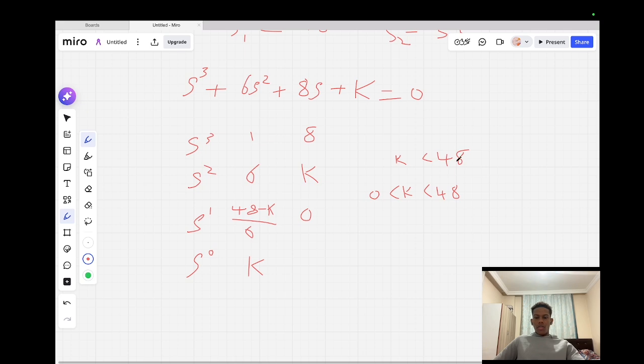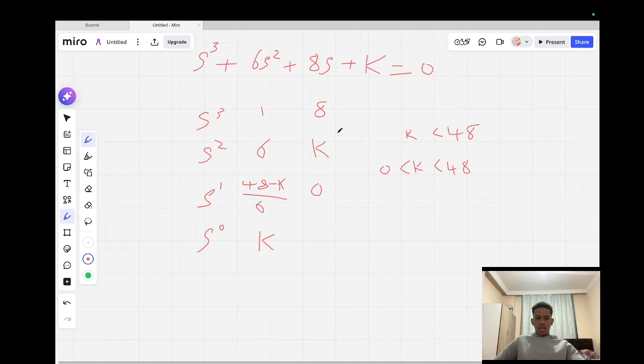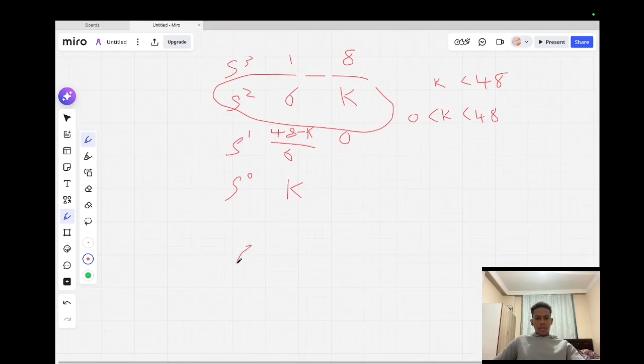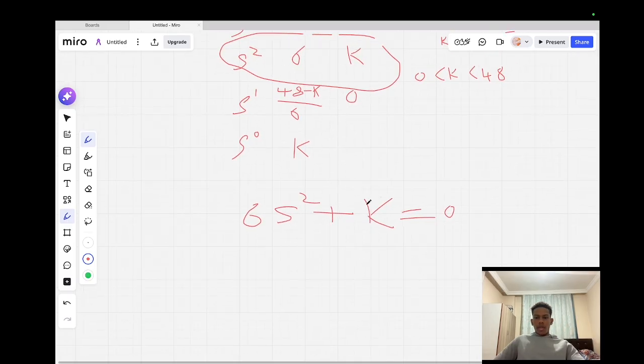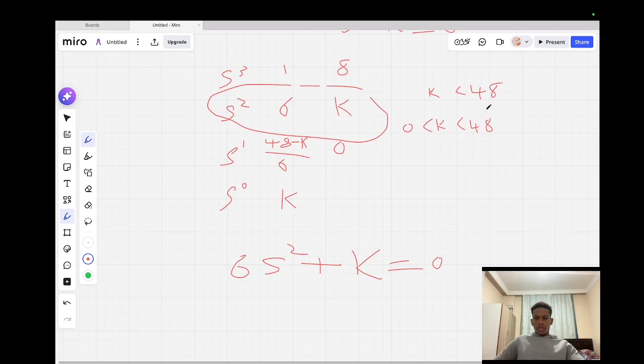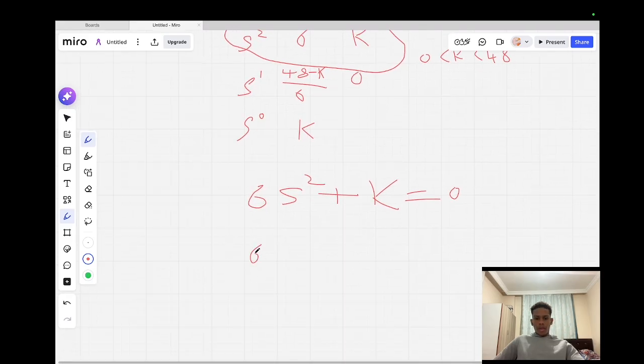If k equals 48, we select this row to find it: 6s squared plus k equals 0 and k equals 48, so 6s squared plus 48 equals 0.